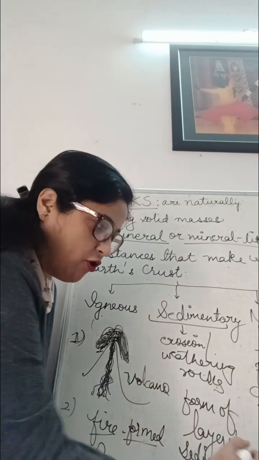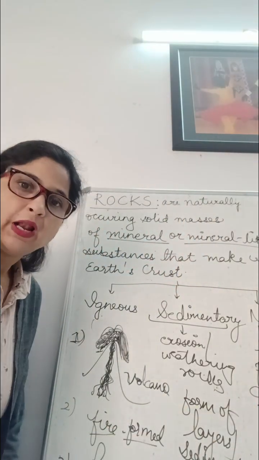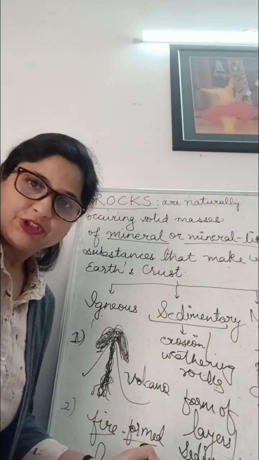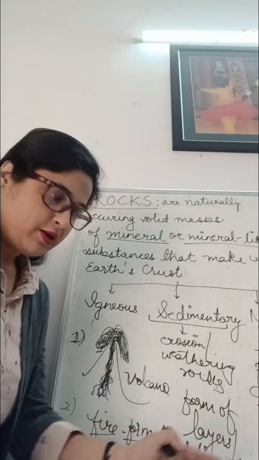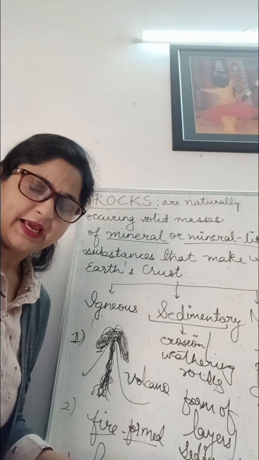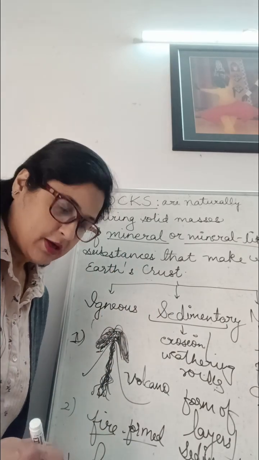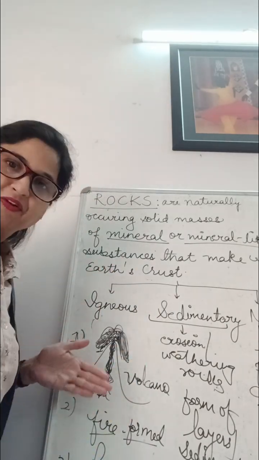It will mainly form quartz. So limestone, calcium carbonate, will form marble, and sandstone, which is mostly silicon dioxide, SiO2, will form quartz. These are the main differences.